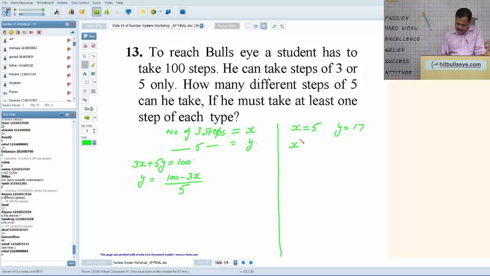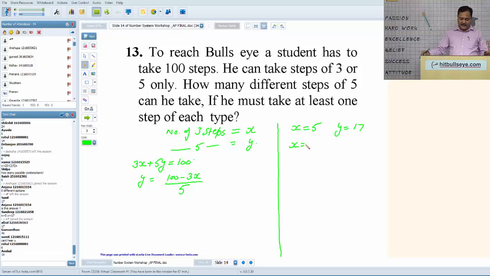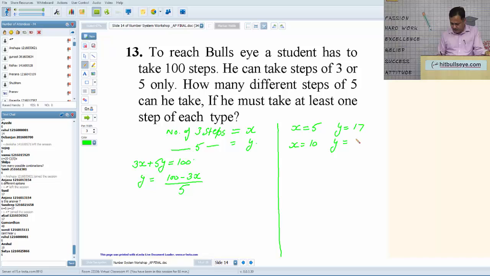Now the next value of x where we get (100 minus 3x) over 5 as an integer will be at a difference of 5, because we divide 100 minus 3x by 5. So the next value is 10, and y is equal to 14.